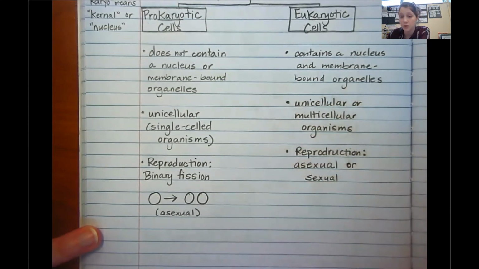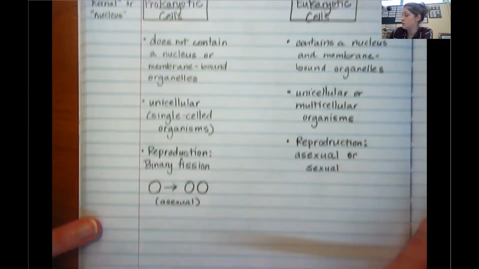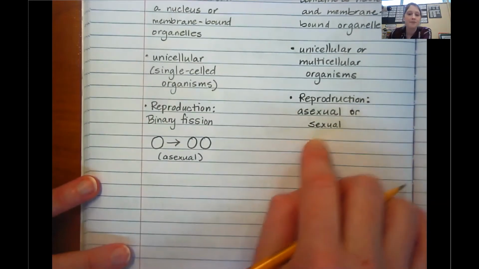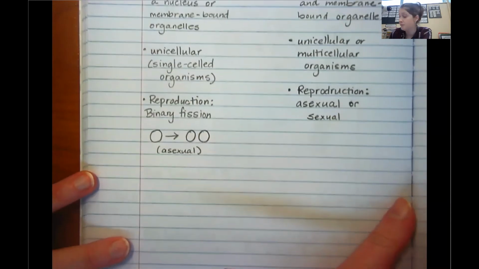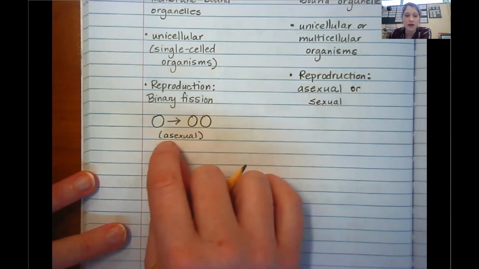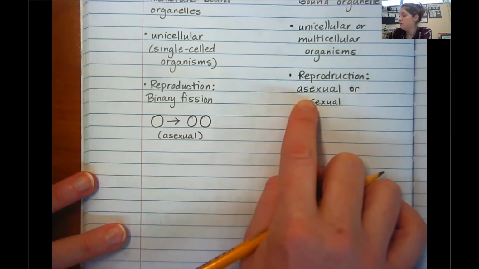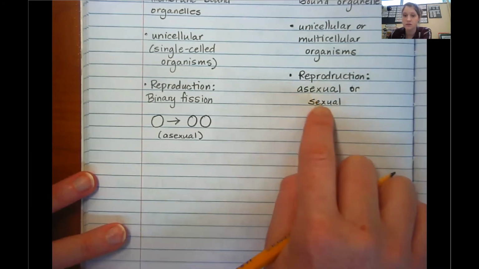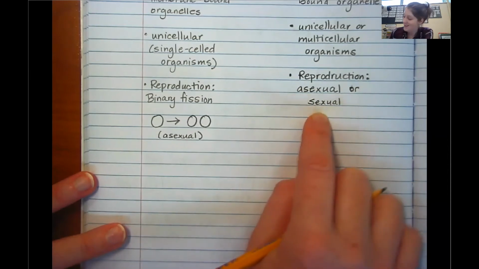There's asexual reproduction in our cells, but there's also sexual reproduction through our actual organisms, reproducing actual organisms. A lot of vocabulary words coming at you, but the prefix a here just means without. So asexual means without sex, without the use of two. Sexual reproduction is with two people, it takes two to tango.